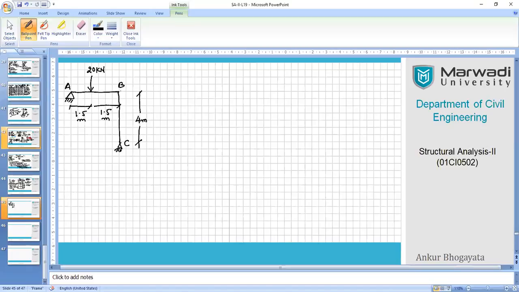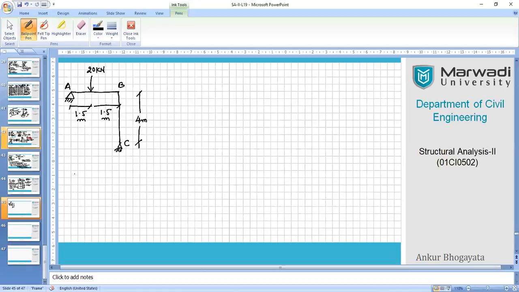According to the basic principle, whatever redundant we identify, first of all you have to identify the redundant of the system, and based on that we can develop our generalized moment equation. Once you have that generalized moment equation in your hand, you can take a partial derivative of that generalized equation with respect to that particular redundant.